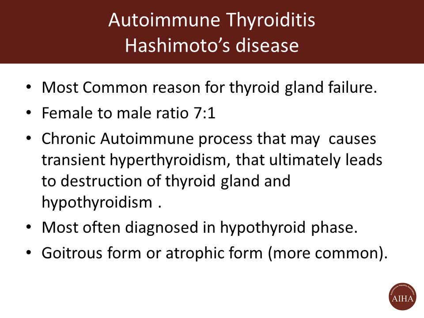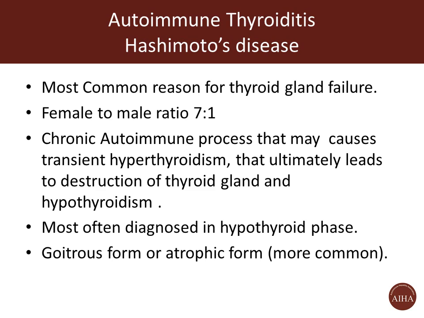On the other hand, at the opposite end of the spectrum, when there is autoimmune inflammation of the thyroid that can lead to hypothyroidism, we refer to this disorder as Hashimoto's disease. It's the most common reason why people in the general population take thyroid hormone and have thyroid gland failure. It's definitely more common in women than in men.